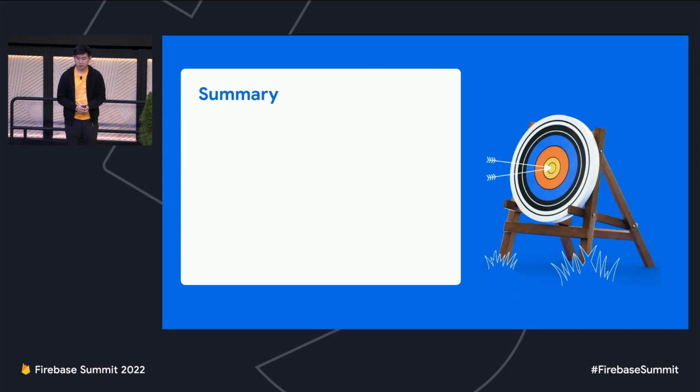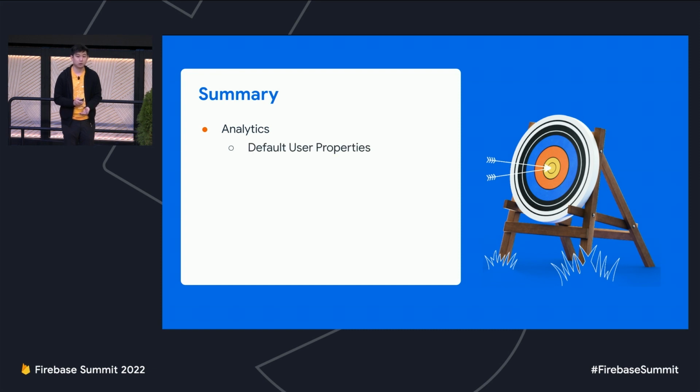So, that brings us to the conclusion of targeting methods within FCM. Today, we've talked about five different targeting methods to improve how we can send engaging messages to our users. Using analytics, we explored how to send notifications to users using default user properties, custom user properties, and user audiences.